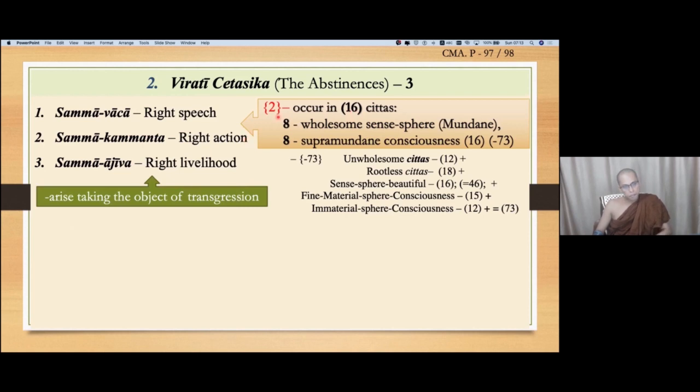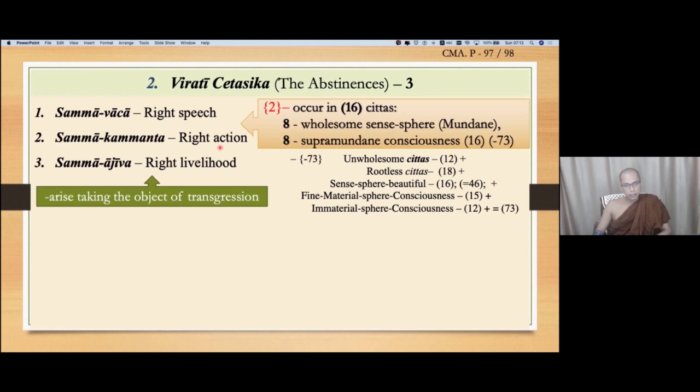So let's talk about the abstinence mental factors. When they arise, the right speech or right action or right livelihood, when they arise, taking the object of transgression. For example, if one is abstaining from the wrongdoing of killing, this is included in the bodily action.